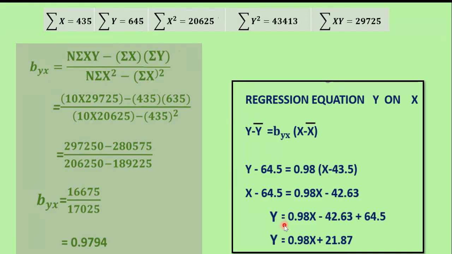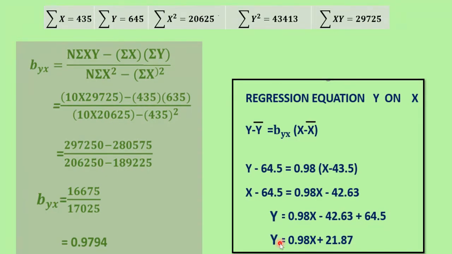Then y is equal to 0.98x minus 42.63 plus 64.5. When it comes to the other side of the equal to, it will become plus 64.5. So you get the answer as y is equal to 0.98x plus 21.87.